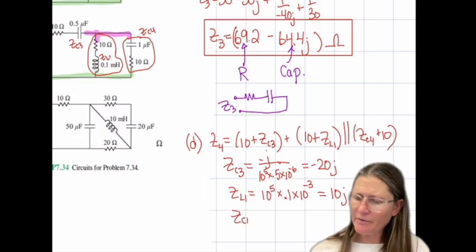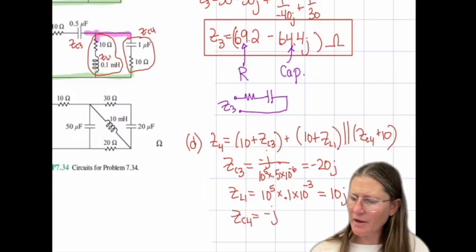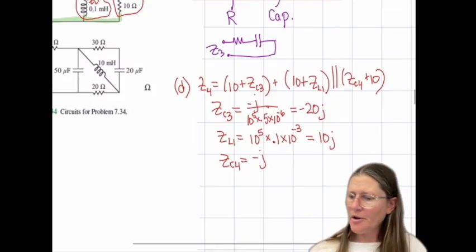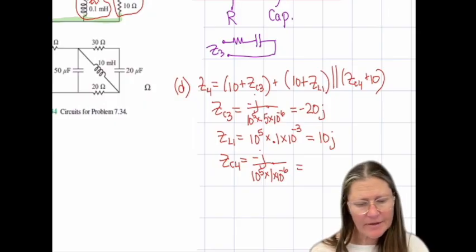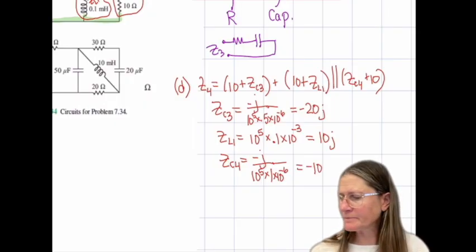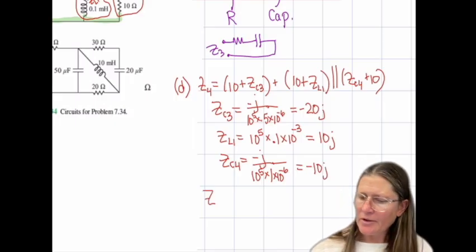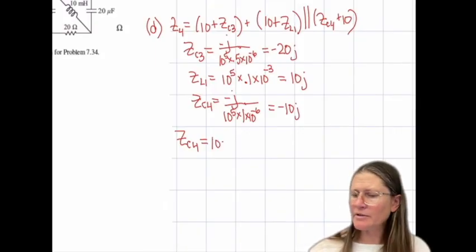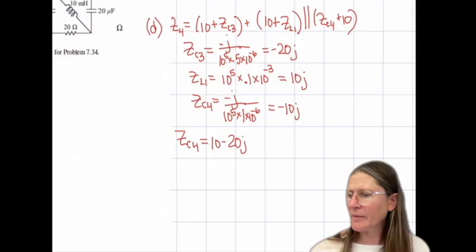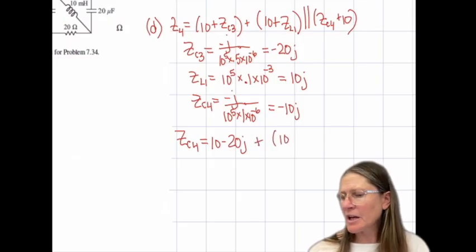And ZC4 is minus J over 10 to the 5th times 1 times 10 to the minus 6, and that's minus 10J. So ZC4 is 10 minus 20J plus 10 plus 10J.